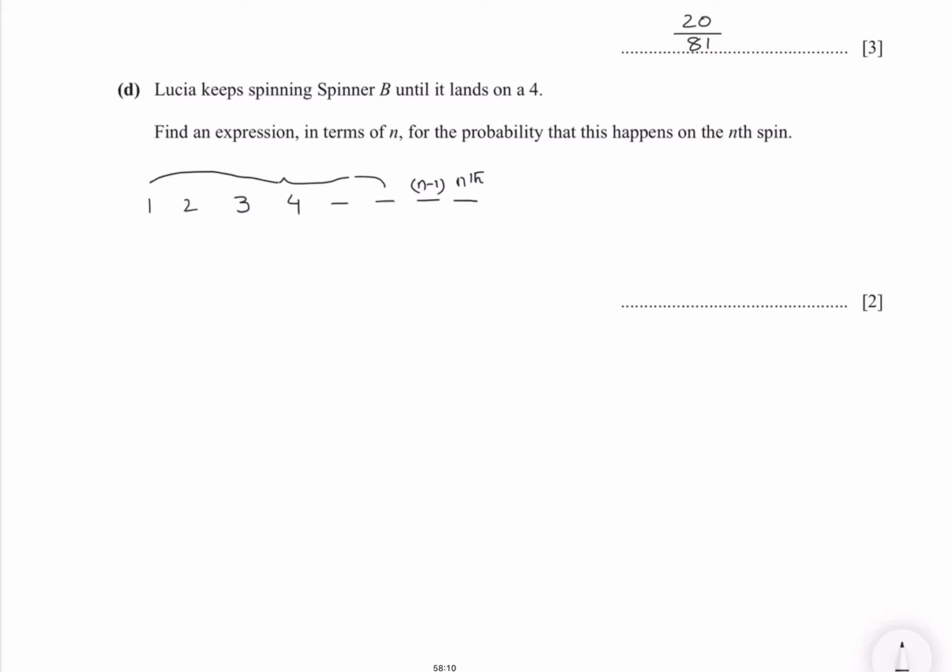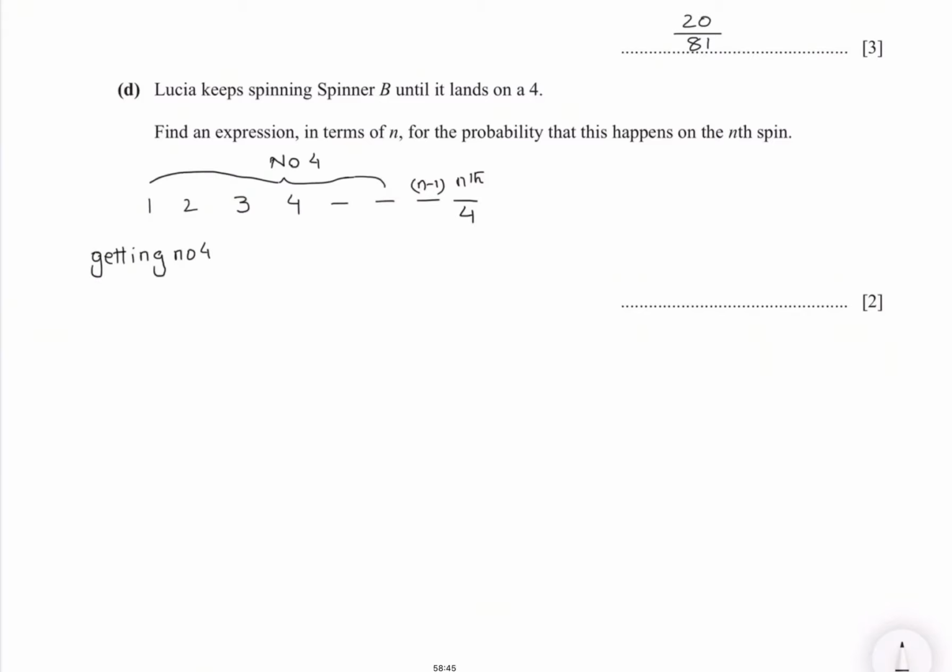So before the nth term there is the n minus 1th term. So all from 1, 2, 3, 4 till n minus 1, there is no 4. And on the nth term it lands on a 4.